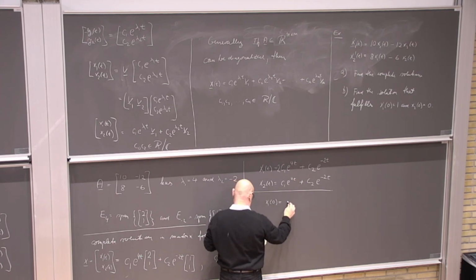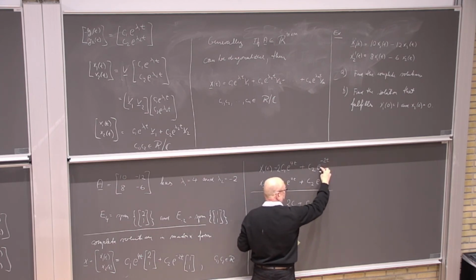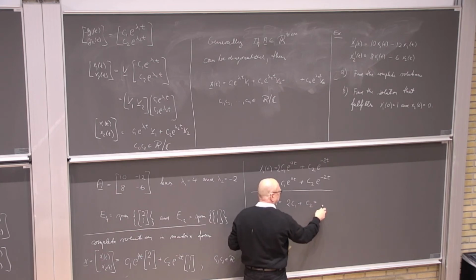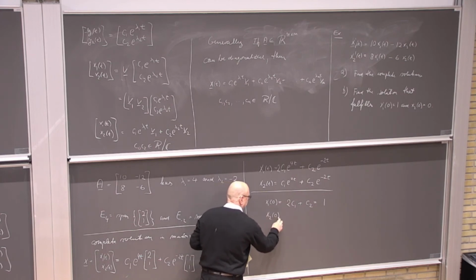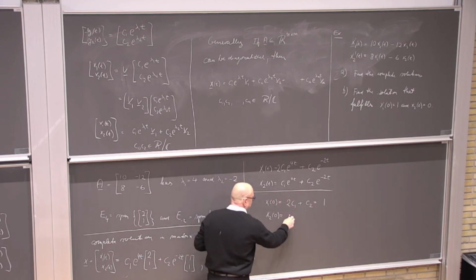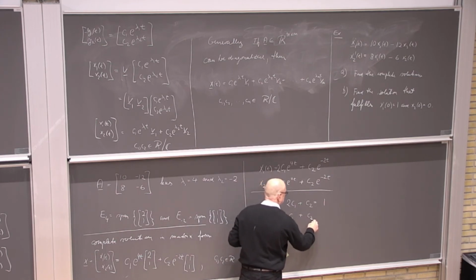I get 2c1 plus c2, because here I get the exponential function of 0 as well, which is 1, so it's c2, and this should be equal to 1. x2(0) is c1 plus c2 is equal to 0.